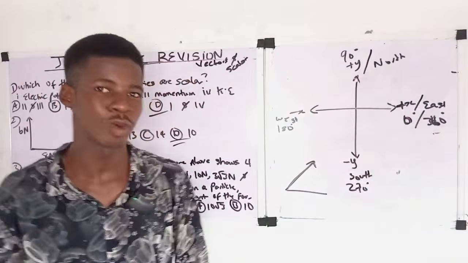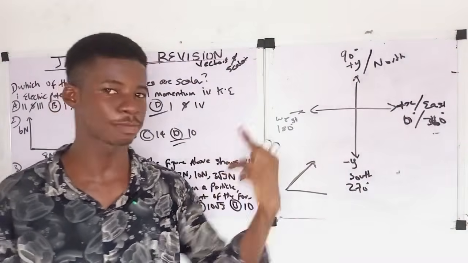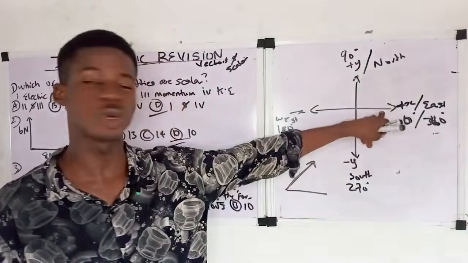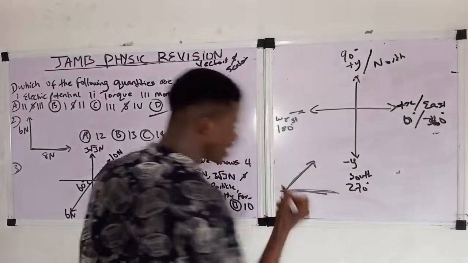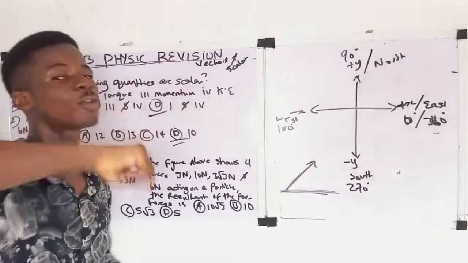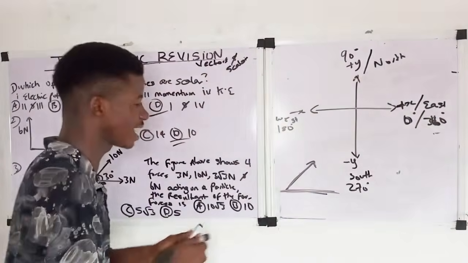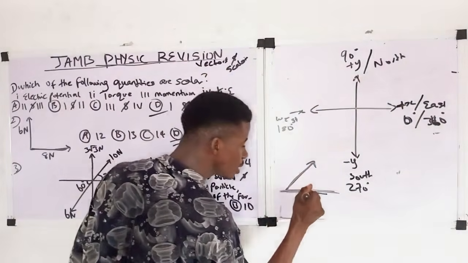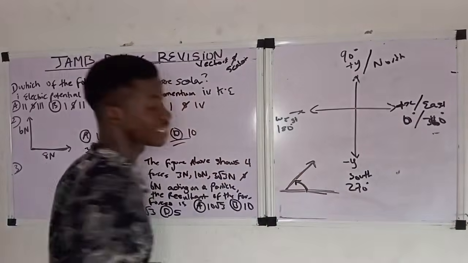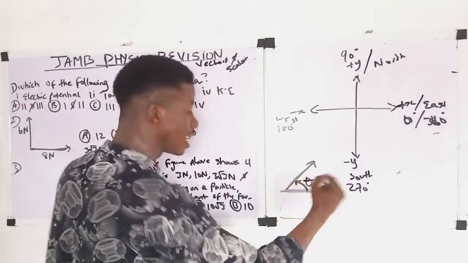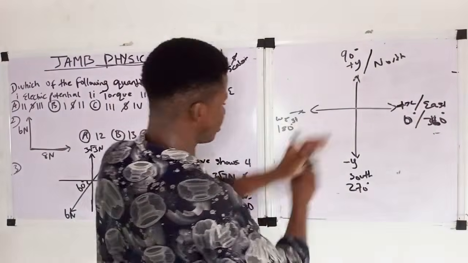If we want to form an angle, we form the angle from the positive x-axis. So to form the angle here, I will draw it from the positive x-axis, then I'll put the angle I want here.